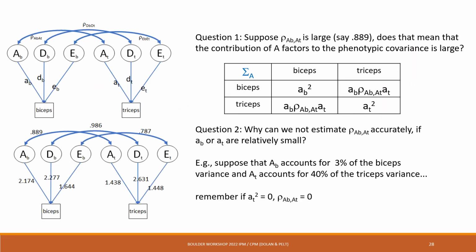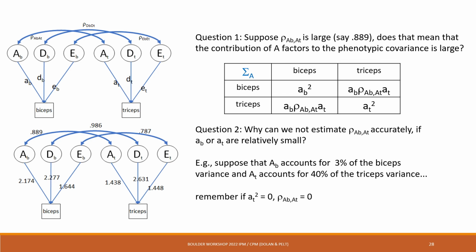Okay, this is the last slide, and this slide has two questions for you to think about. Question one is this. Take a look at the path diagram top left. The contribution of A to the phenotypic covariance between biceps and triceps depends on three parameters: AB, rho AB,AT, and AT. That's the alternative representation of the additive genetic covariance between biceps and triceps.